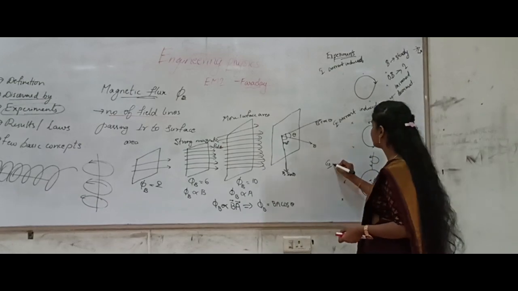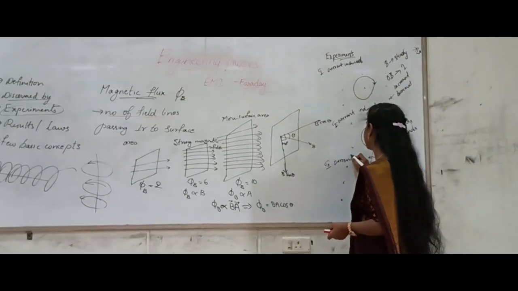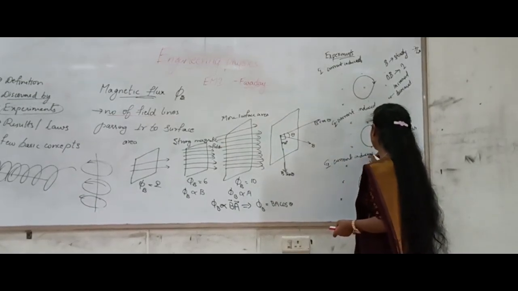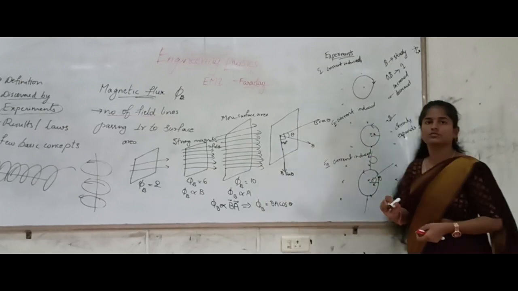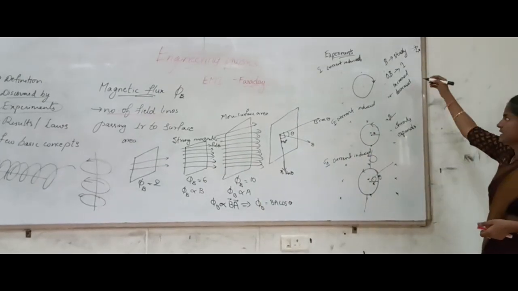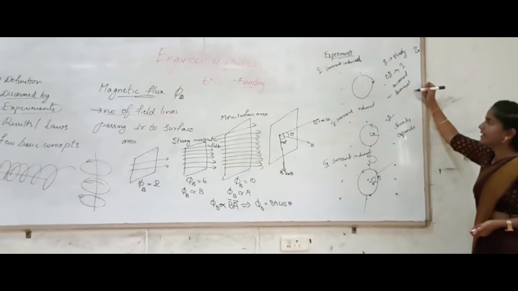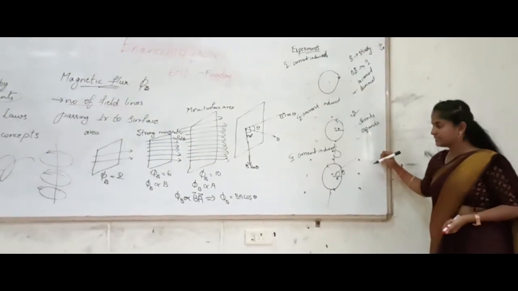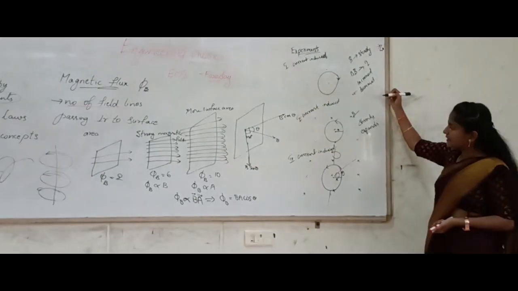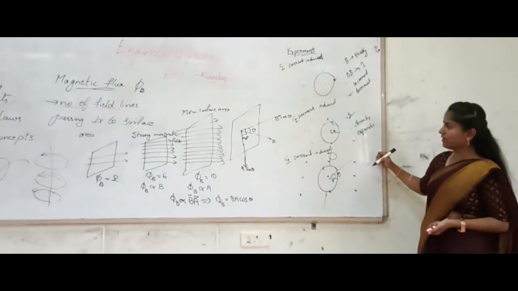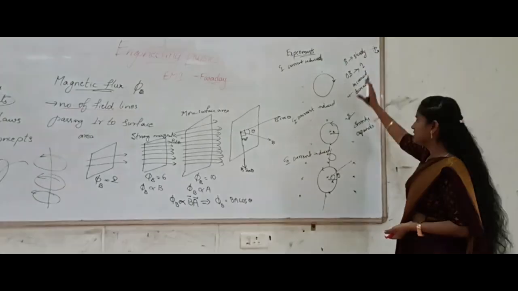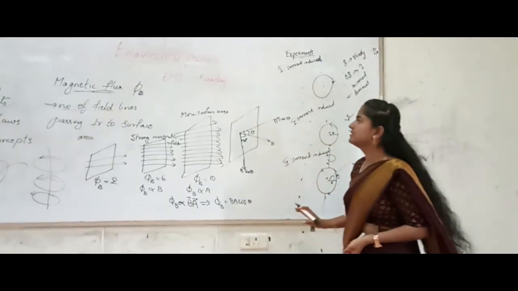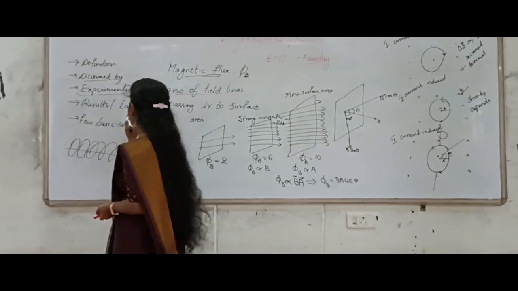Surprisingly, here also he saw that current got induced in this coil. So what he stated is, if there is a change in magnetic field, current will be induced. If there is a change in area, current will be induced. If there is a change in angle between magnetic field and area, there also current got induced. Based on these three experiments, he has stated two laws.